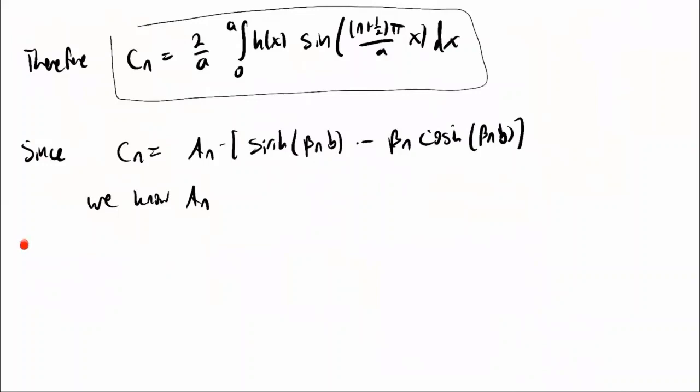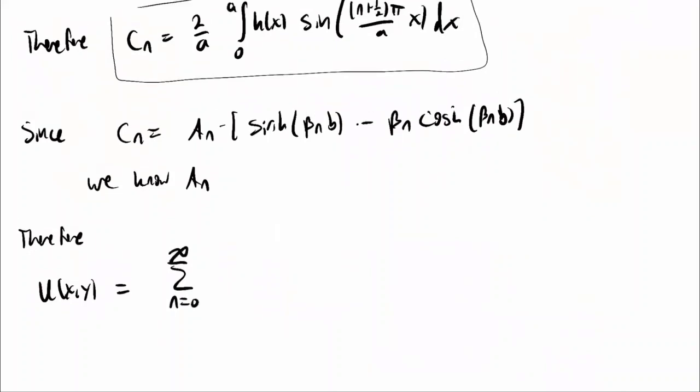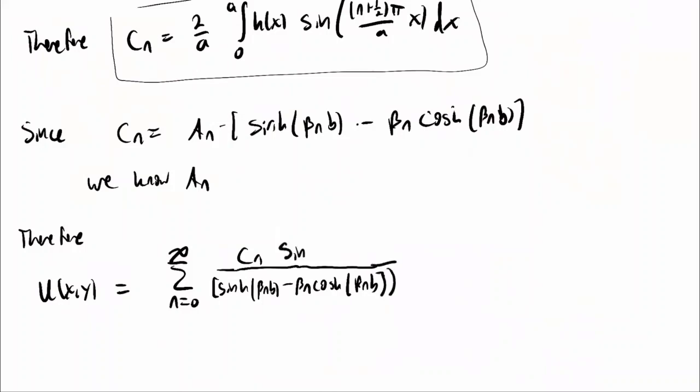And so therefore, finally, we end up with u of x,y is the sum from n equals 0 to infinity of Cn divided by these hyperbolic trig terms, with b plugged in, and then times sine of beta n x as before, and then all multiplied by the remaining hyperbolic trig functions.